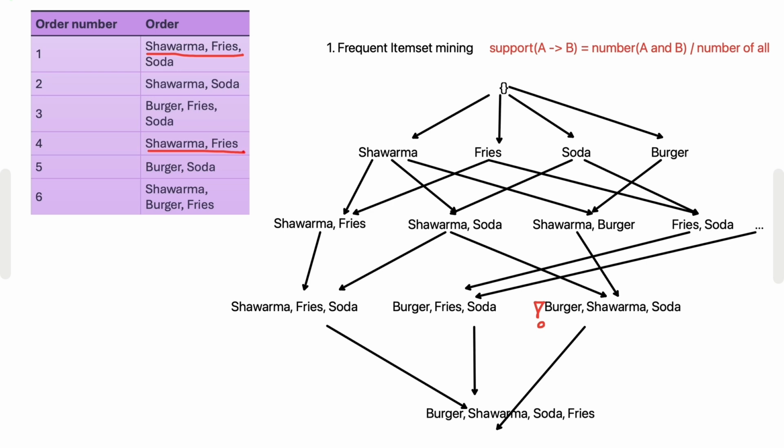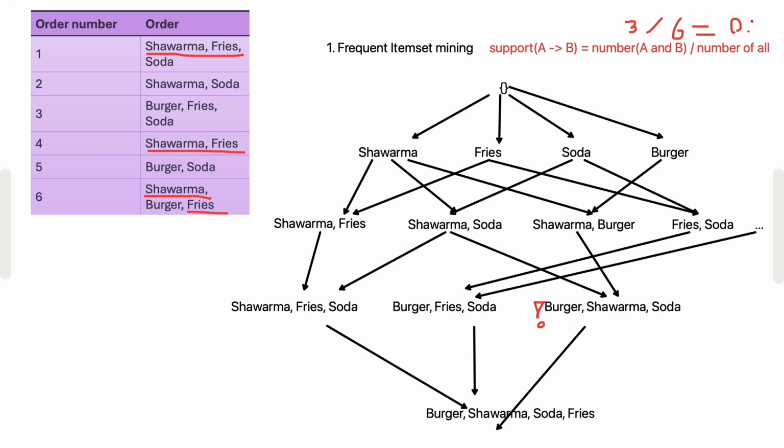You see? So the number of times it appears is 3. And then this is divided by all of the orders that we have. So we have 6 in total. So it's divided by 6, which is, of course, 0.5. So this would be its support, okay?